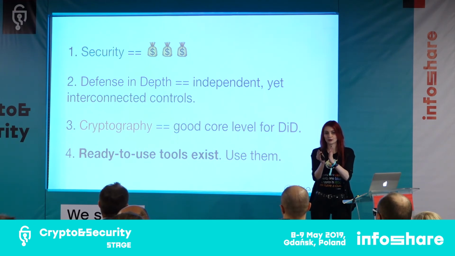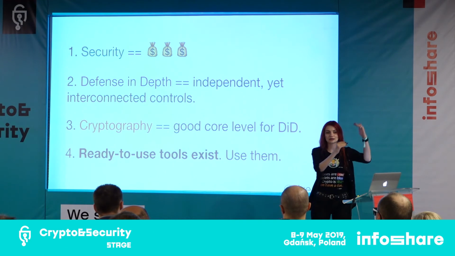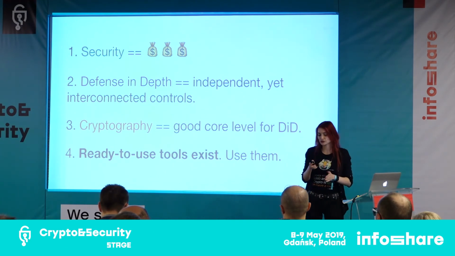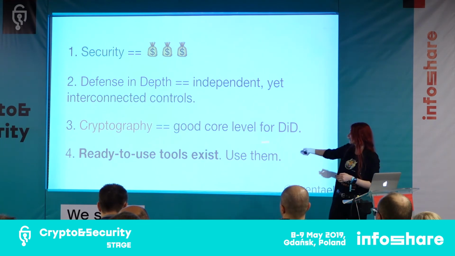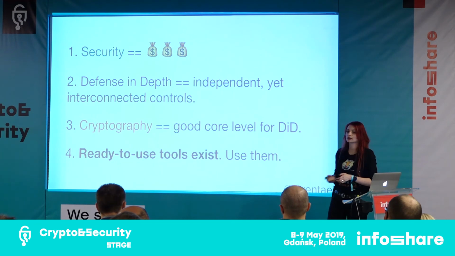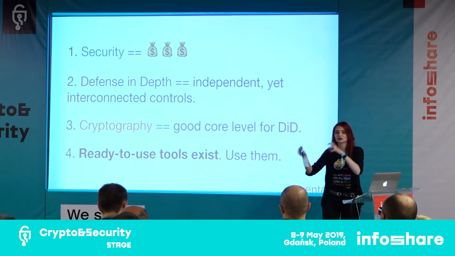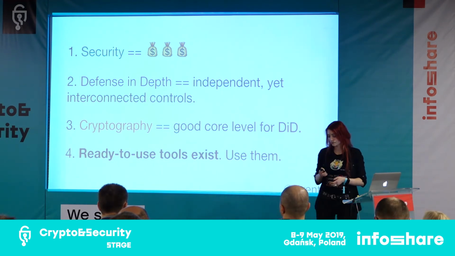You know them. In infrastructure, each technological stack has its popular attack vectors. Then you use cryptography as a good core level of defense in depth, and then you put all these security controls you already know in your infrastructure.